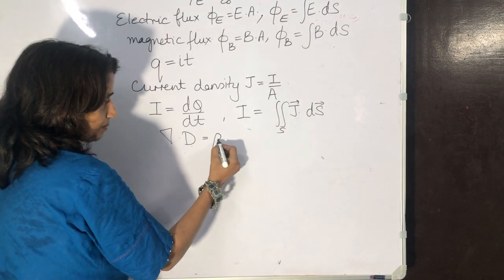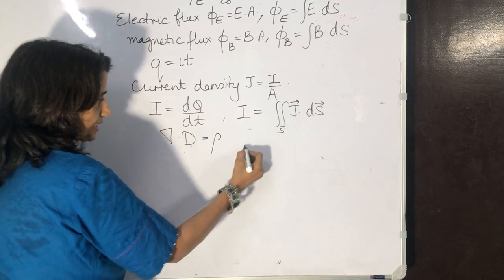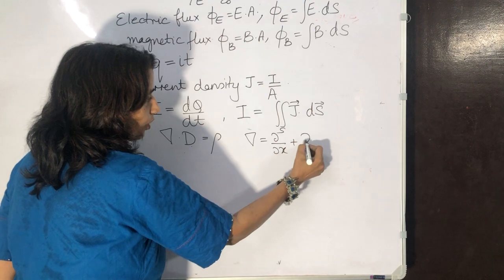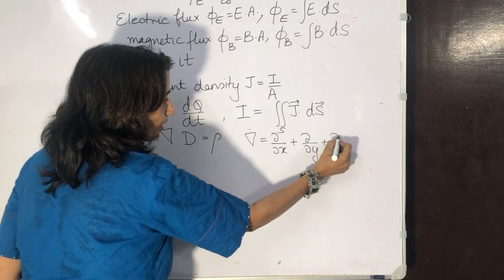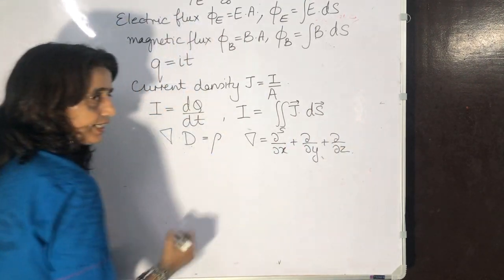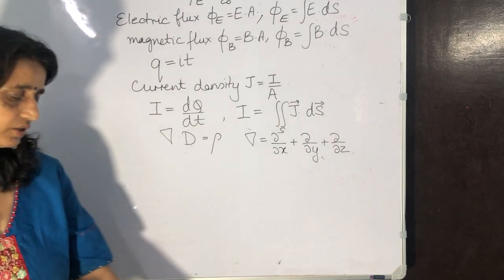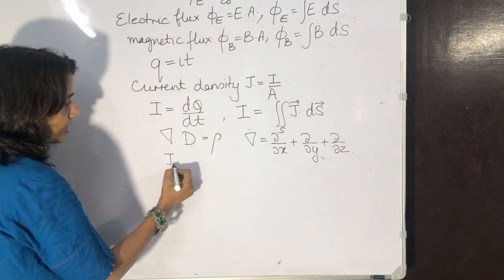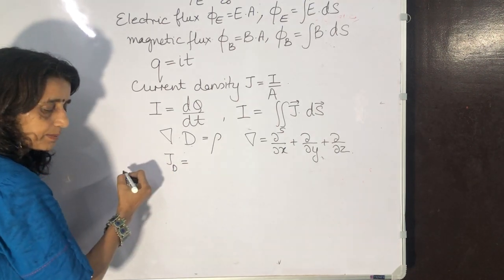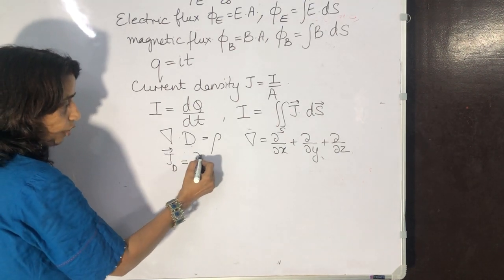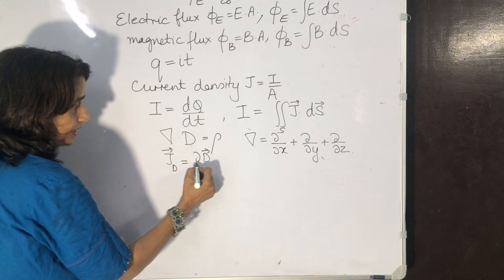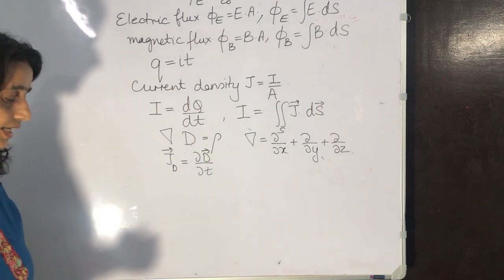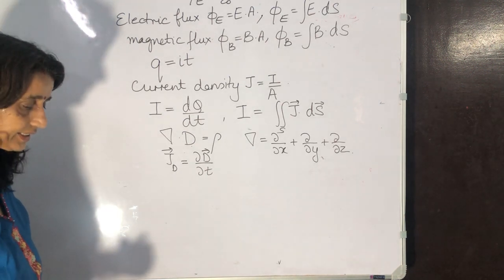So D is displacement vector, rho is charge density, and del symbol is basically del upon del x, del upon del y plus del upon del z for the three-dimensional. Then current density JD for the electric displacement vector can also be written as del D upon del t. This is electric current displacement density.